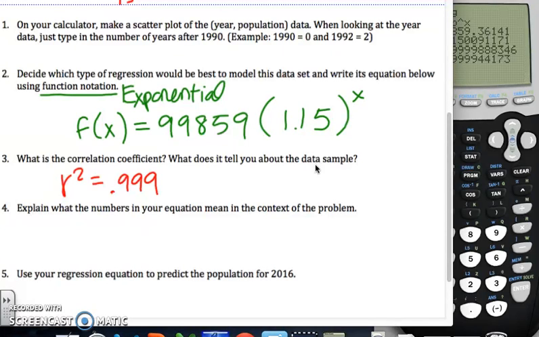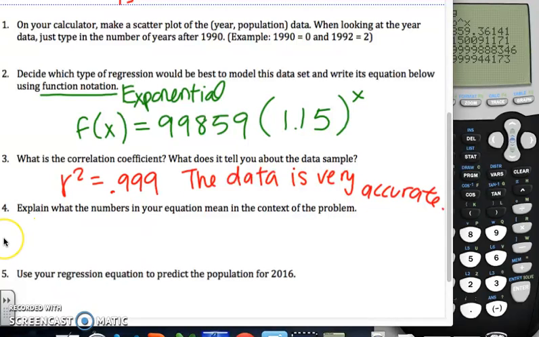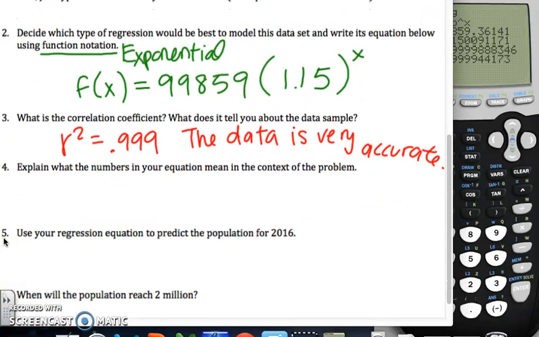So what does it tell you about the data? The data is very accurate. Okay, so that means I can use this equation for future years to predict the population, and it'd be very, very accurate.